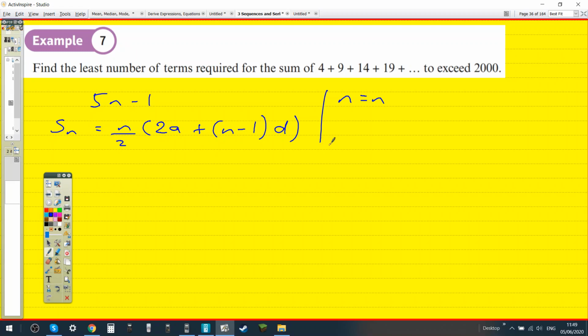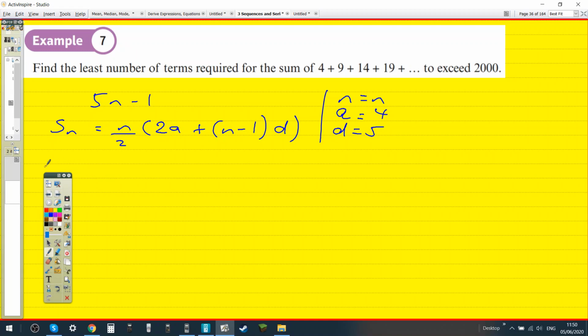What is a? A is five. What is d? Wait, a isn't 5. A is four. Sorry. D is 5. We want when this thing exceeds 2000.